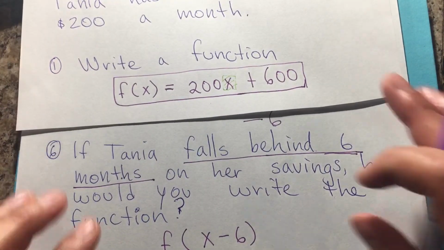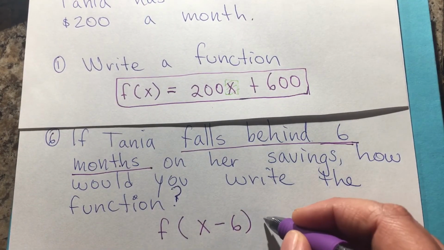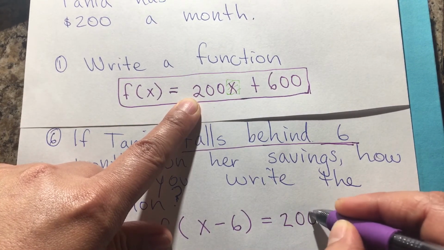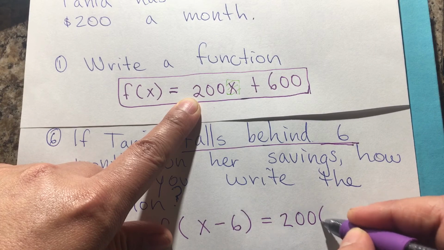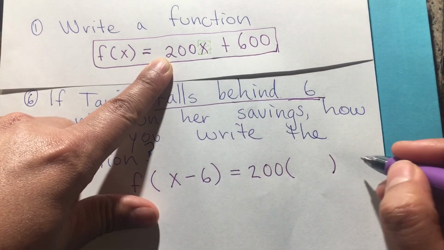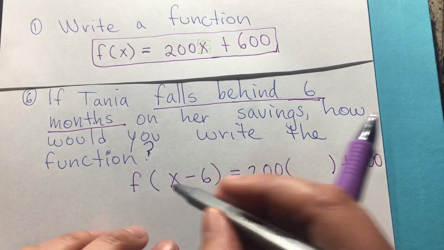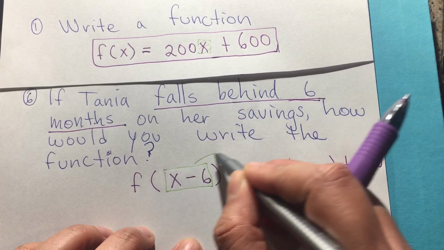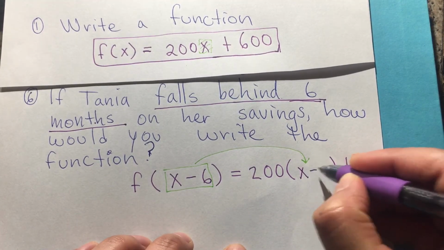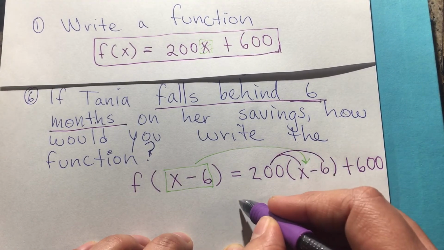Number 6, if Tanya falls behind 6 months, again, write it as it is. 200 times a parenthesis plus 600. The parentheses, we bring that in there: x minus 6. And in here we have to use the distributive property.